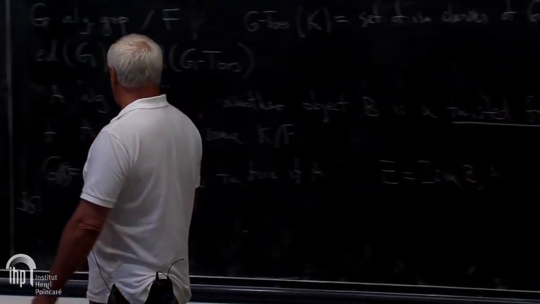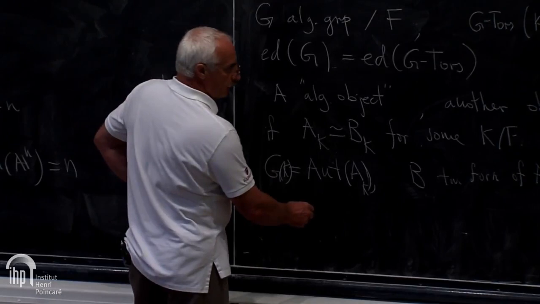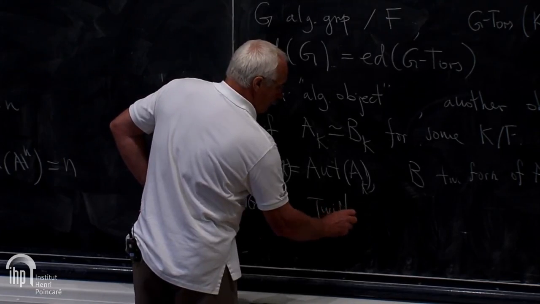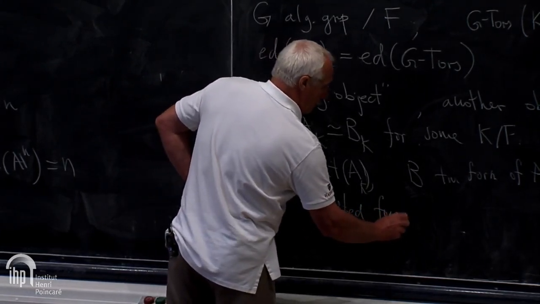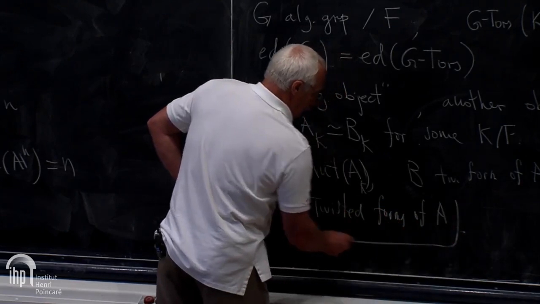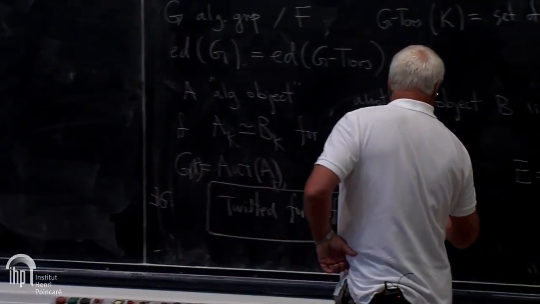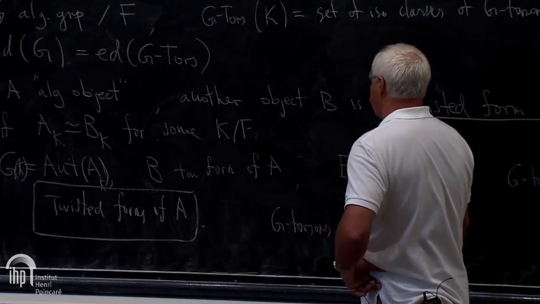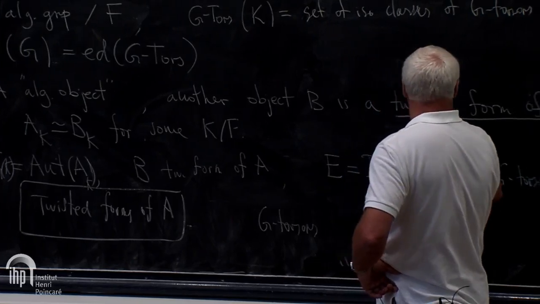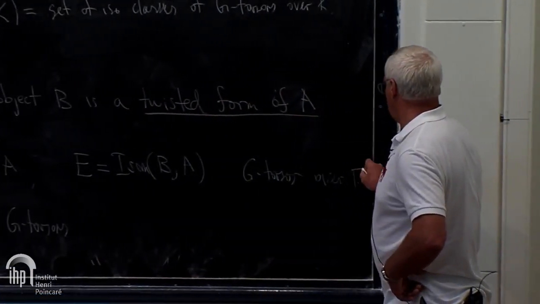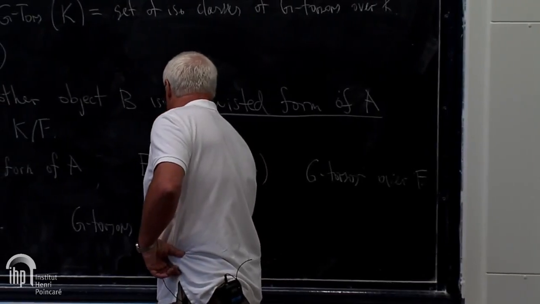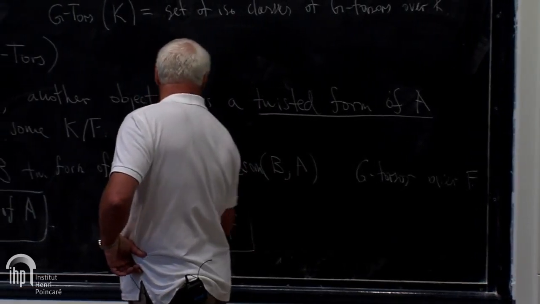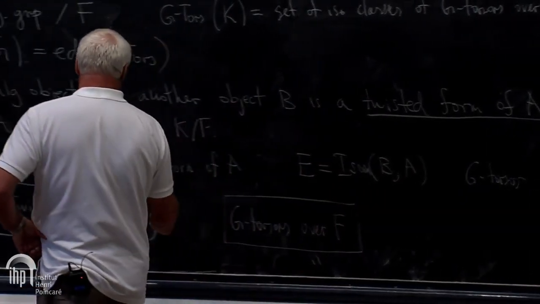So we get a map between the isomorphism classes of twisted forms of A and G-torsors, well, actually torsors over F. Okay, G-torsors over F. So we got a map.